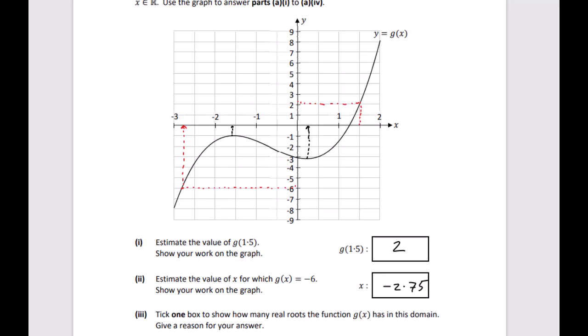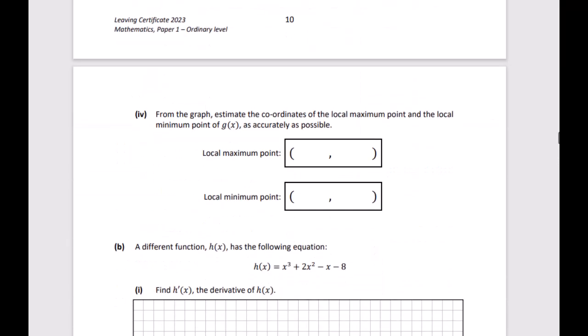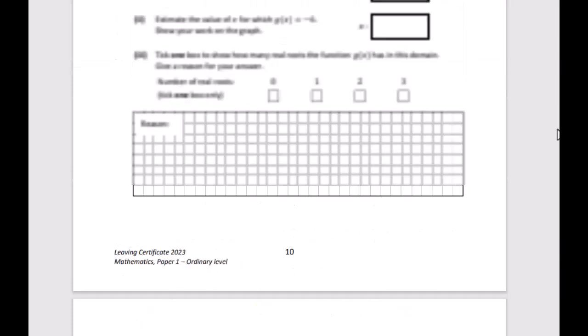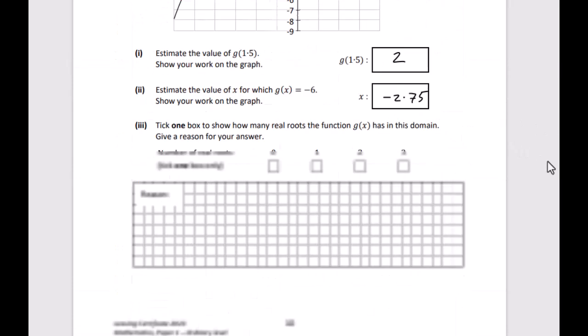So the local maximum then is going to have an x value of minus 1.6, I'm going to say. And the y value then is going to be here at minus 1.